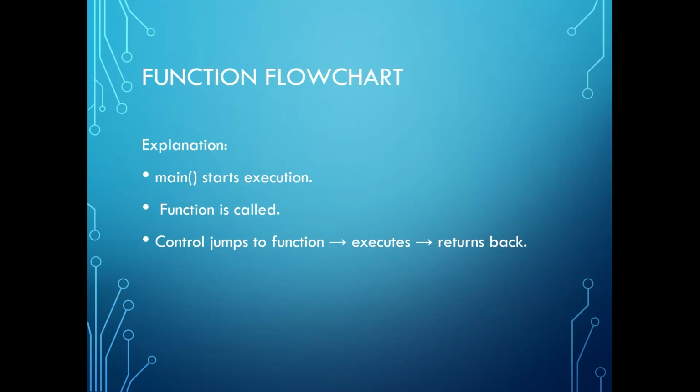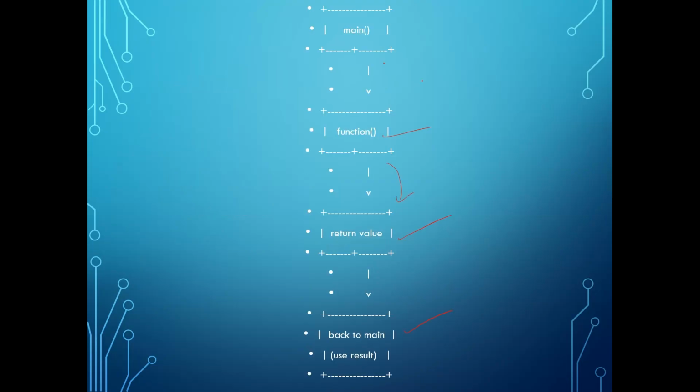Main function starts execution, then you call the function, control jumps to the function, it executes and returns back. It can return with a value, or it cannot. It depends upon your implementation. You have to keep in mind how a function is performing because you are going to use multiple functions, and you will call those multiple functions in the main function.